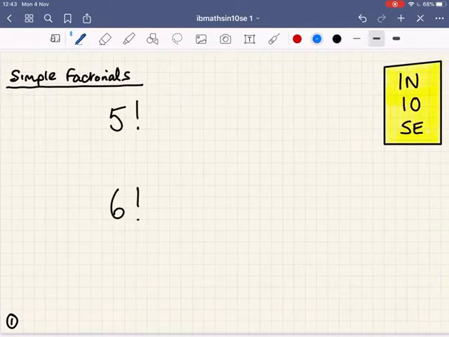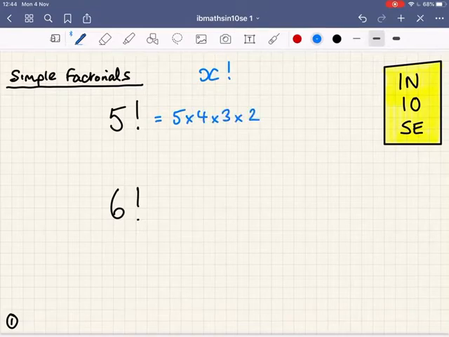Well, it's just very nice maths shorthand for multiplying a sequence of numbers in a descending order. You'll see it on the calculator with a little exclamation mark, x exclamation mark, and it's just shorthand. 5 factorial is just shorthand for 5 times 4 times 3 times 2 times 1, which is 120 last time I looked.